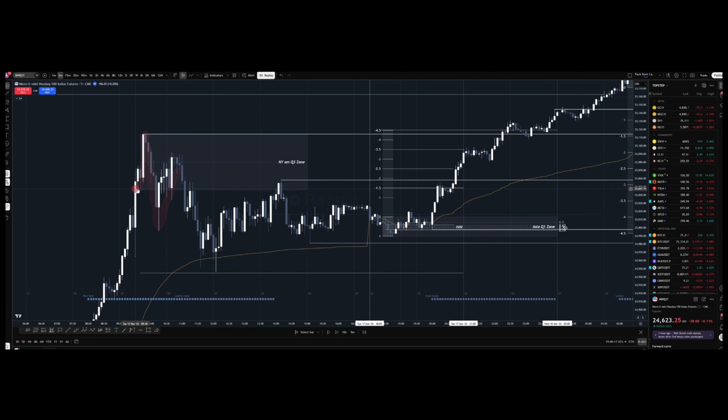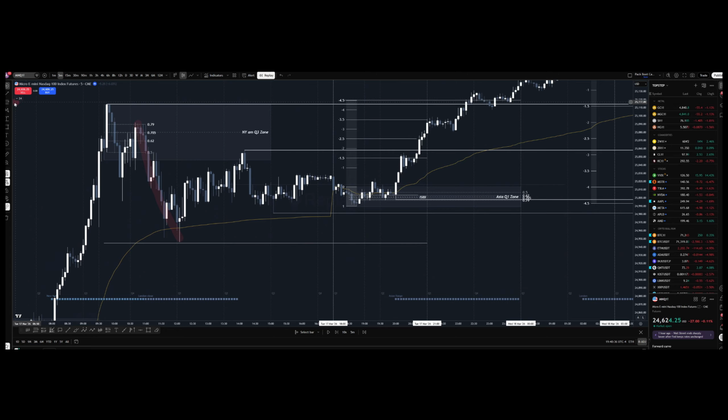Around 9:30, starting the zone, coming up, and then we get our break here, retest, OTE of that zone. We have a 7-9 sweep there, and expansion out. Have a fib on that one.